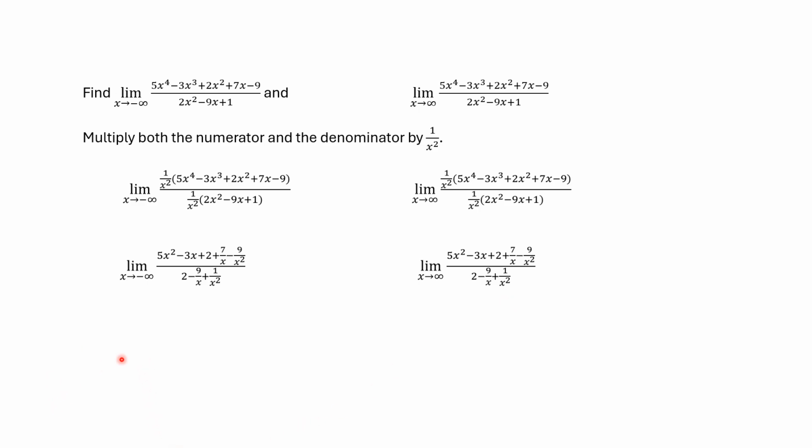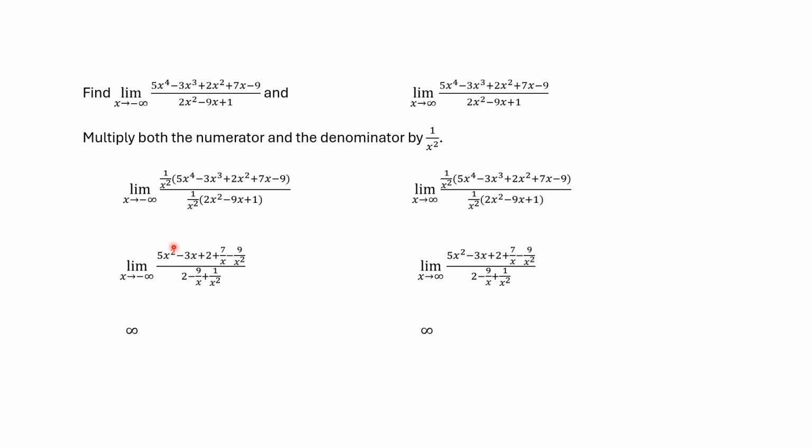What this does is, when we're dividing by infinity, we're approaching 0. So we can neglect this term, this term, this term, this term.